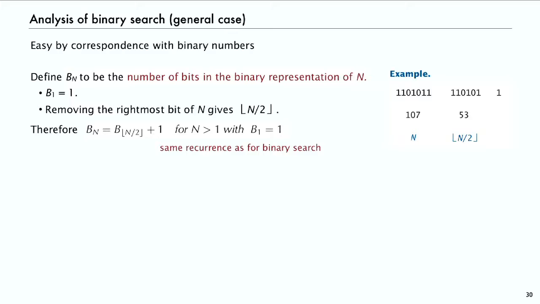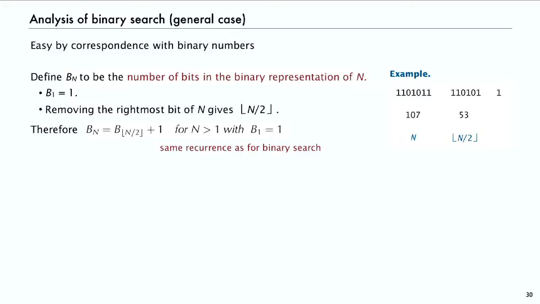So you can check pretty easily that what you can do is just remove the rightmost bit. If you remove the rightmost bit, you get floor of n over 2. And you removed 1 bit, so what that means is the number of bits in the binary representation of n is the number of bits of the binary representation of floor n over 2 plus the 1 bit.